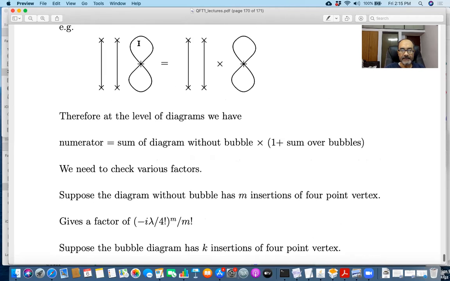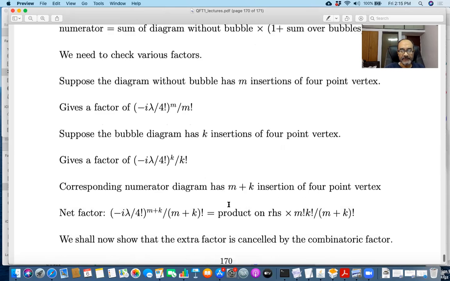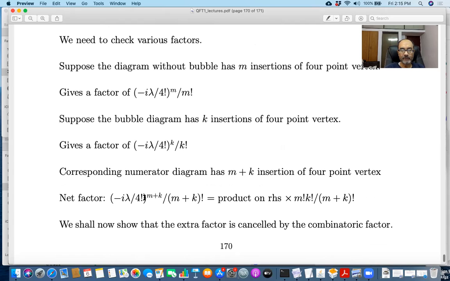On the left hand side, all we will count is that we have m plus k interaction vertices. Because we will not count separately that there are m of these that go into without bubble and k that go with bubble, right? Our rules say that if you have m plus k interaction vertices, then the factor that you have is (minus i lambda over 4 factorial) to the power m plus k over (m plus k) factorial.